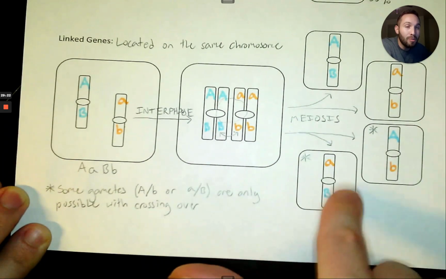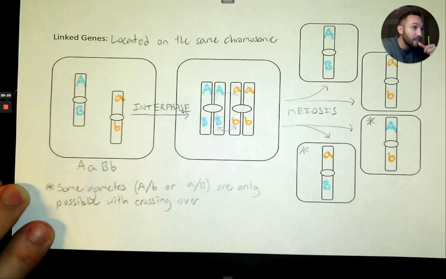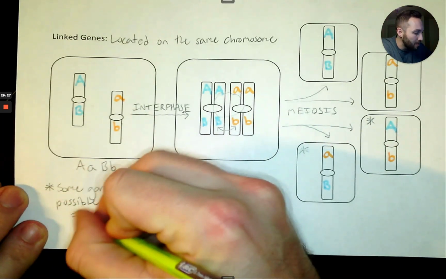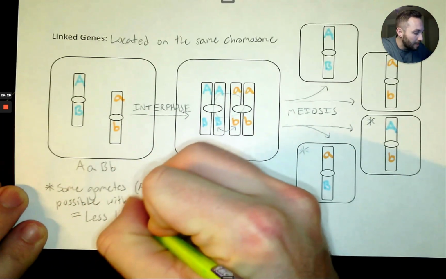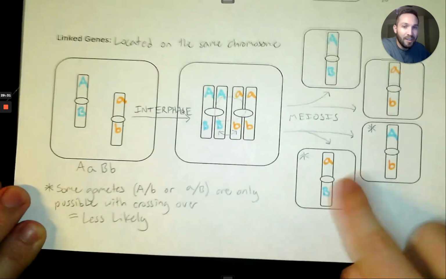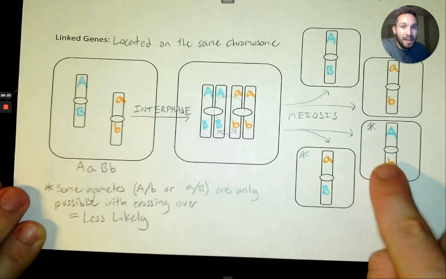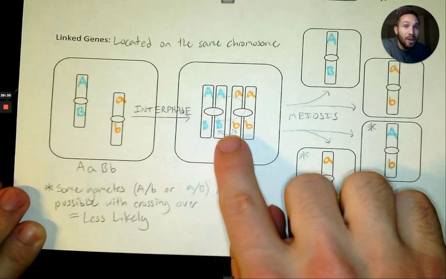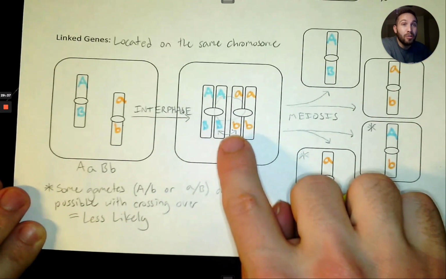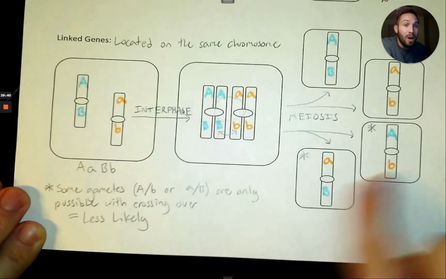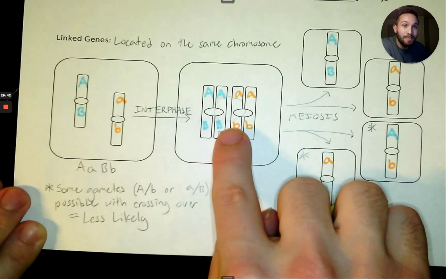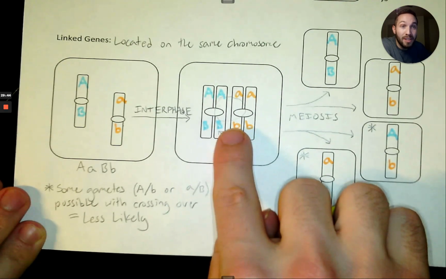But these are relying on crossing over happening a specific way, which is going to equal these guys being less likely being made. Like they're not going to be made as often. Not to say that crossing over isn't happening all the time. It is, but the crossing over that leads to these guys ending up on opposite chromatids might not happen as often.